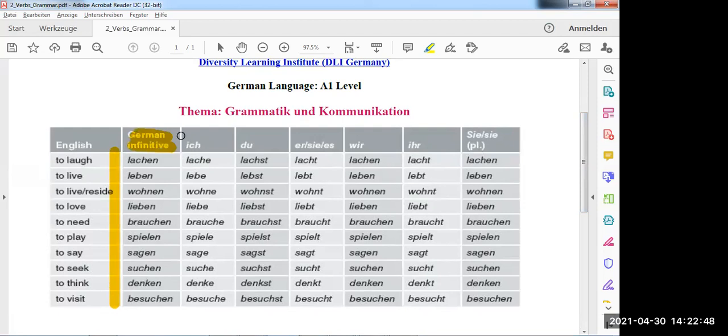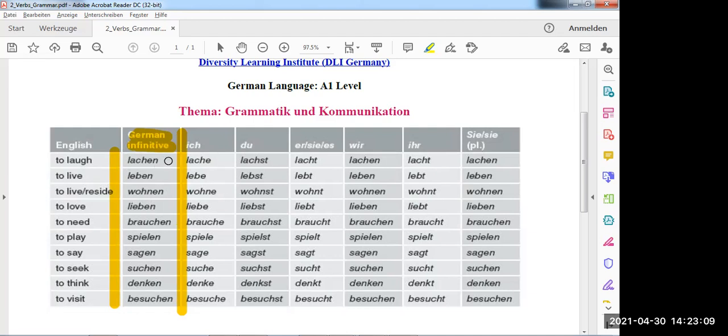From this border, we see how each verb is going to change, going towards the right with different pronouns. To laugh. In German, the verb laugh means lachen.